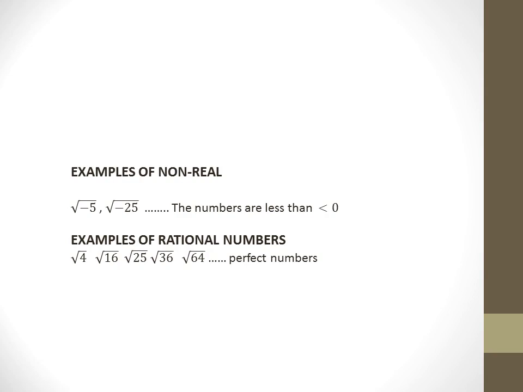Likewise, 16, the two numbers are 4 and 4. 25, we have 5 and 5. 36, we have 6 and 6. 49, we have 7 and 7. 64, we have 8 and 8. So these numbers, learners, if you multiply them, we are going to have a perfect number.